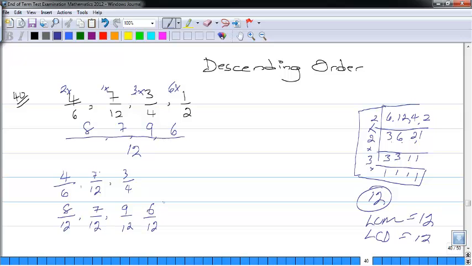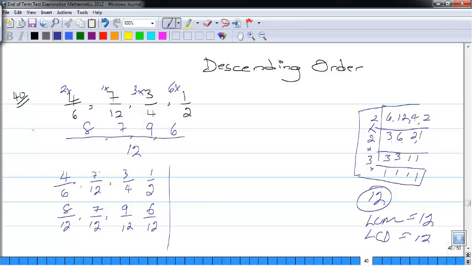Alright, now it says we need to arrange them in descending order. Descending order, so we need to have the largest first, and then we move down to the smallest one.